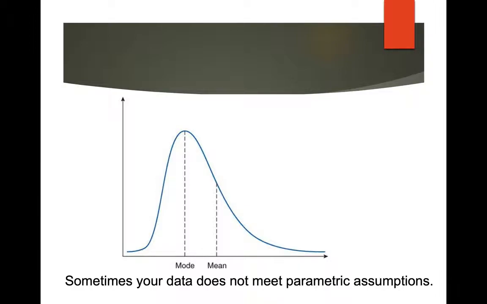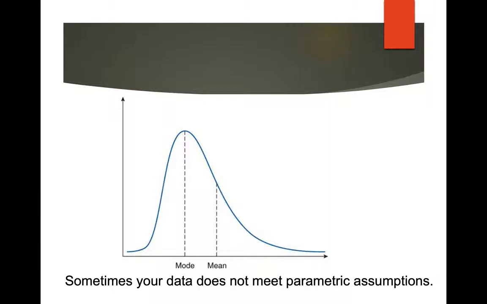And if our data does not meet the normal distribution, it is said that the parametric assumptions, which are the underlying assumptions for statistical tests, such as carrying out an average or a mean, cannot be met. And if these parametric assumptions are not met, then the choice of statistical test that one uses to analyze the data is influenced.